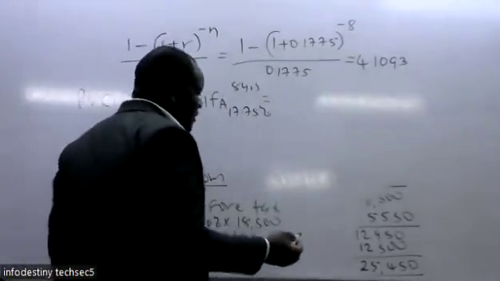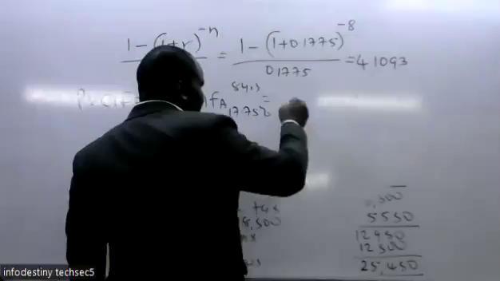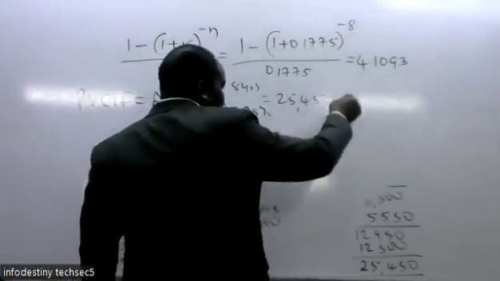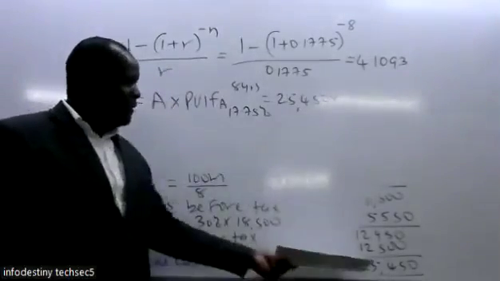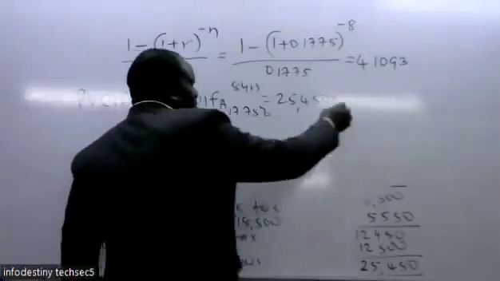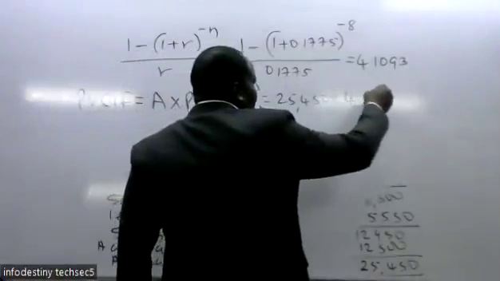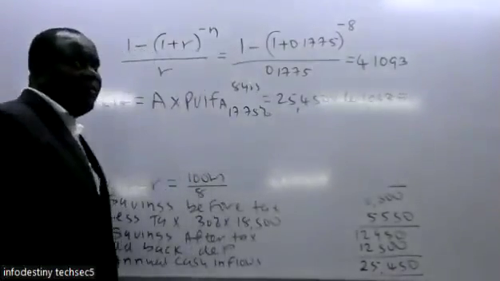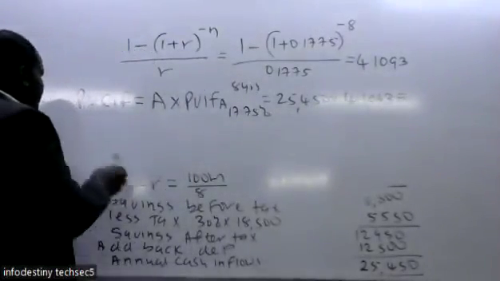So annuity is 25,450, this figure that we calculated. So now you multiply by 4.1093. So that should give you the present value for the cash inflow.